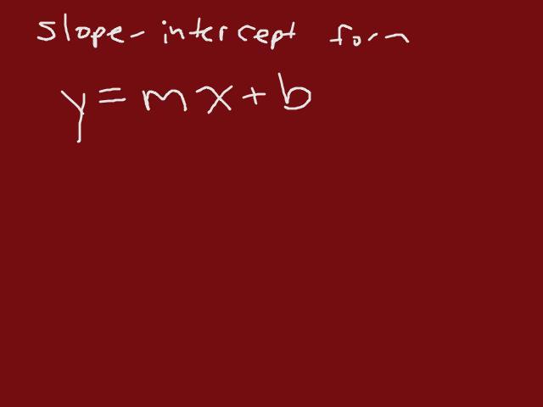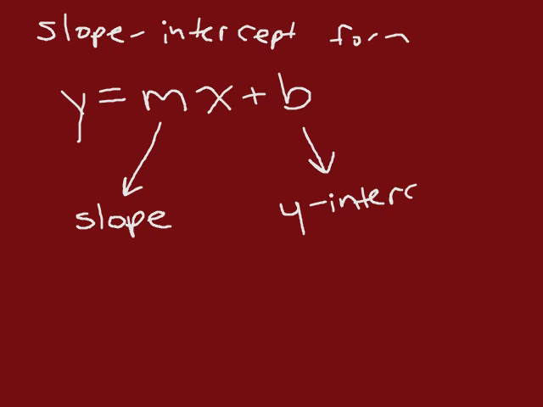Anytime you have an equation in this format, it will produce a line. And so what these mean is y would be your y coordinate, but then m is slope, x is your x coordinate, and b is your y-intercept. Okay, notice that we're only concerned with the y-intercept, not the x-intercept, okay? So m is the slope, and b is the y-intercept.